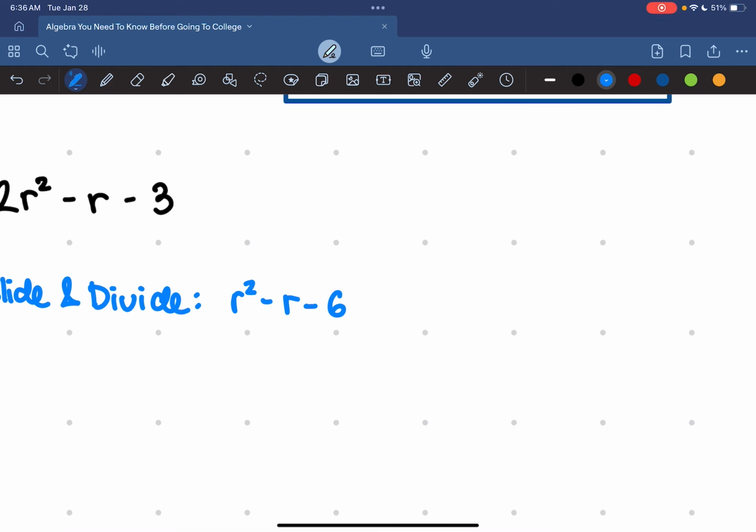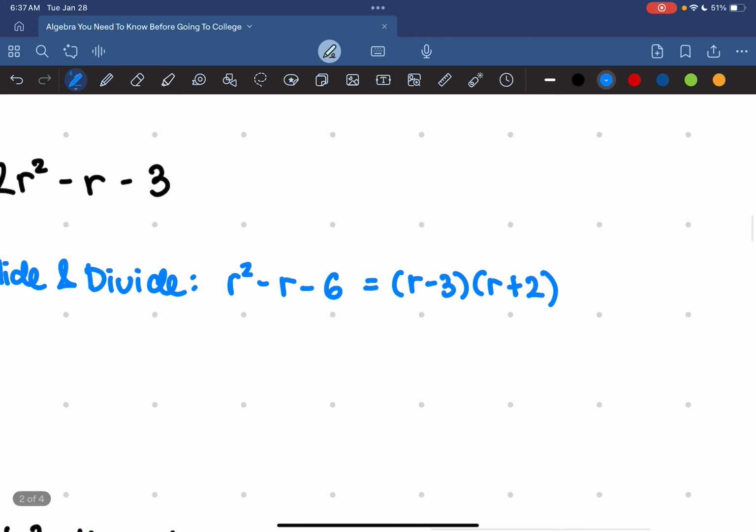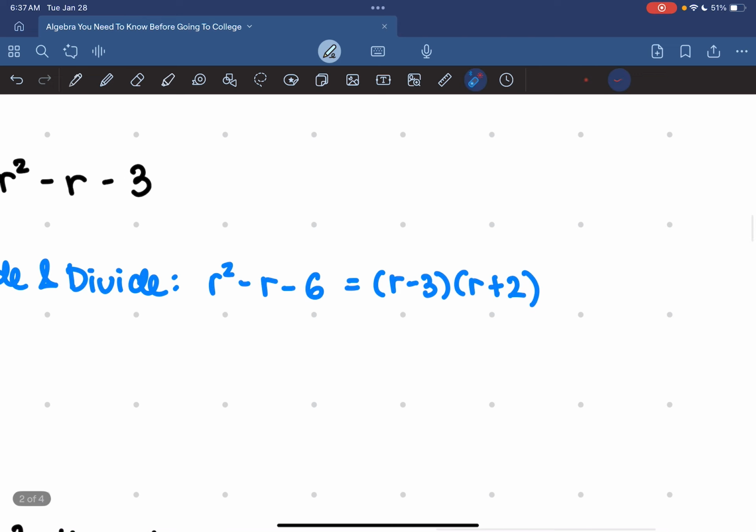This one is easier to factor for me, so it's easy to check that this will be r minus 3 and r plus 2, since if you add negative 3 and 2, you get the coefficient for this one. If you multiply them, you get the constant for this one. After you factor that out the usual way, this is where divide comes in.